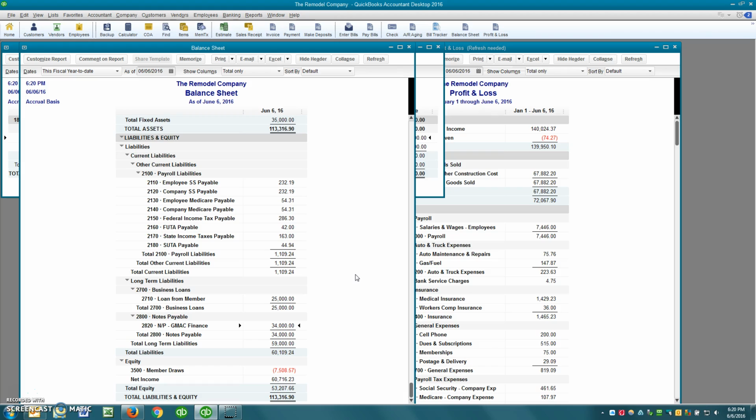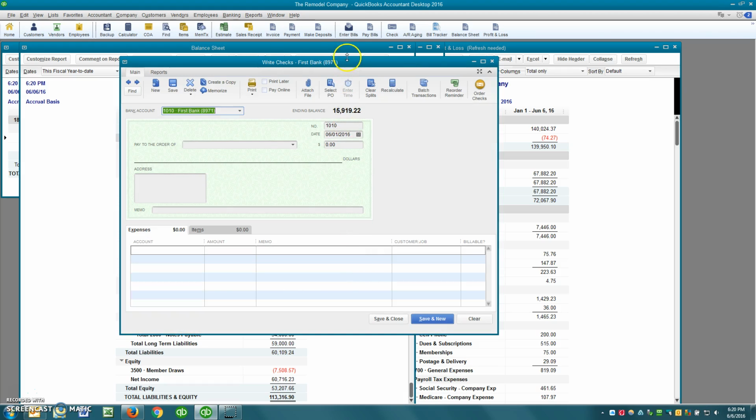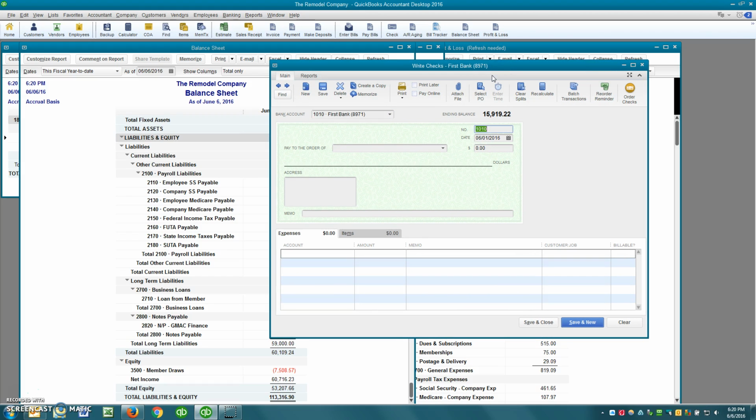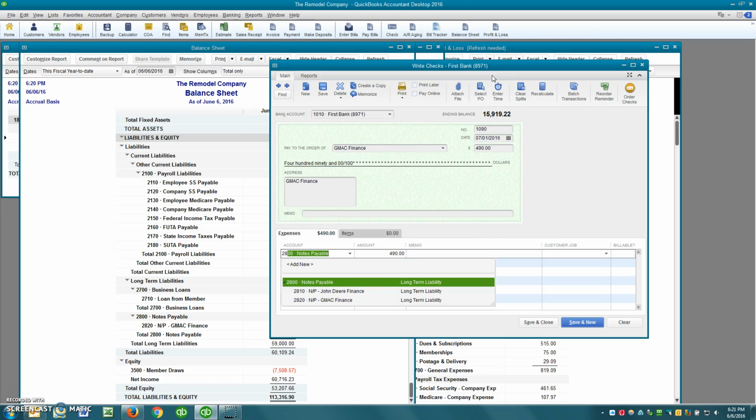Now, as it's time to make payments to that, let's say we're making our first payment on 7/1, and we're making it to GMAC, and again, don't pay any attention to the amount of the payment. I'm just putting a number out there. Okay, let's just say it's $490. Okay, and so we're going to record that payment to GMAC Finance.